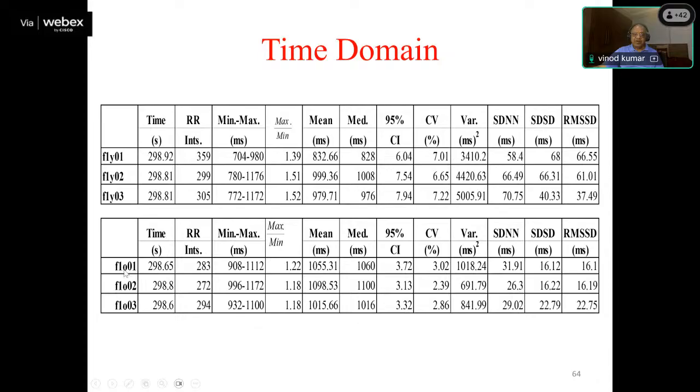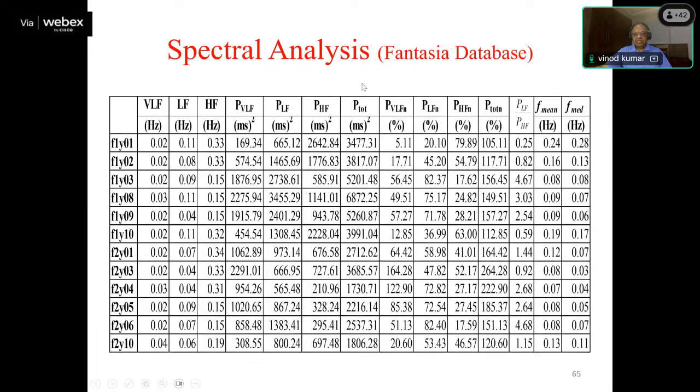For older people, O means older, the variation is less, 691, 1018. So when age increases, the variation decreases, and in certain diseases, this variation is affected. If younger people should have this range of variation, then with the disease, in case of younger people, this variation may change. This is again the Fantasia database for older people.